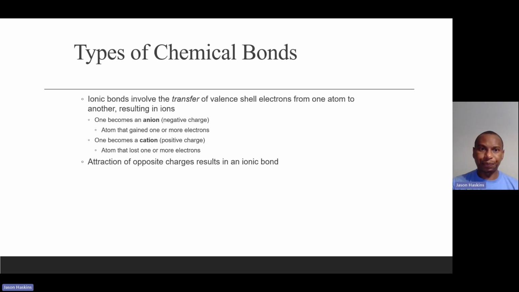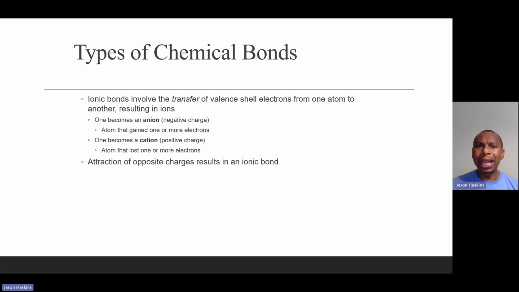So in order to do that, elements are going to sacrifice and give up or receive electrons so that they can satisfy that octet rule and be bonded together. The prime example of that is NaCl, sodium chloride.